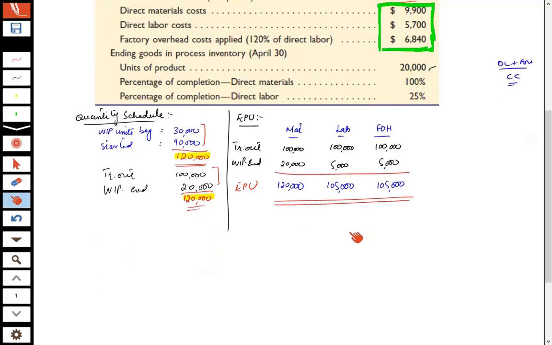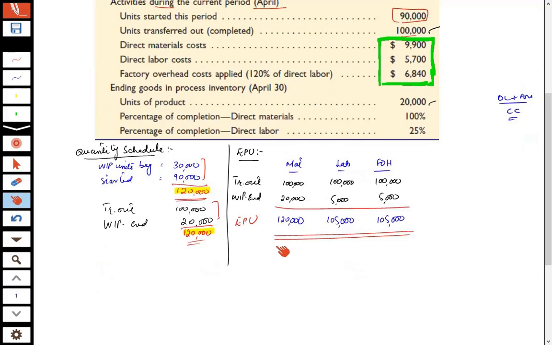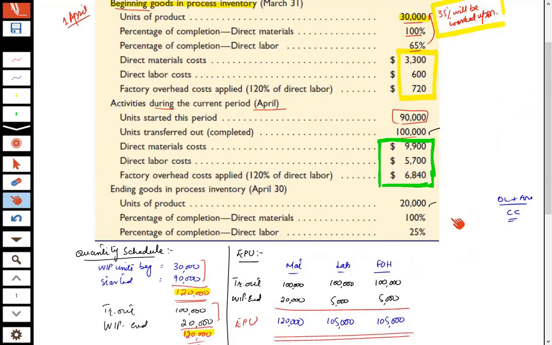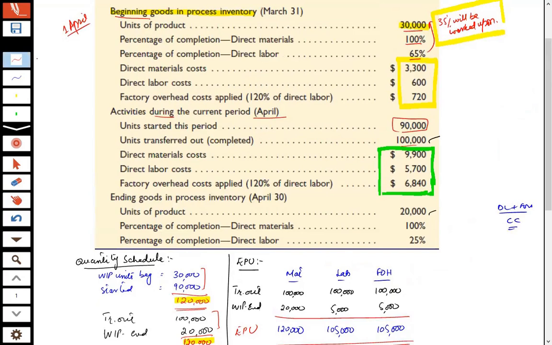Unit cost will be the total cost of the material plus per unit cost, divided by the EPU. Remember that. We have got two material costs. One pertains to the beginning units and another pertains to the current period production units.